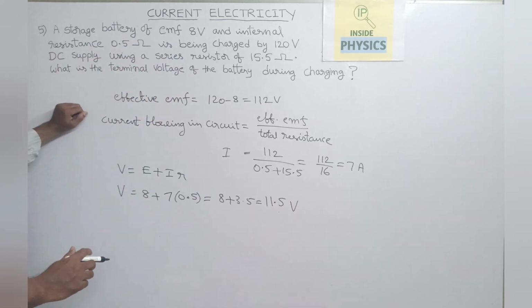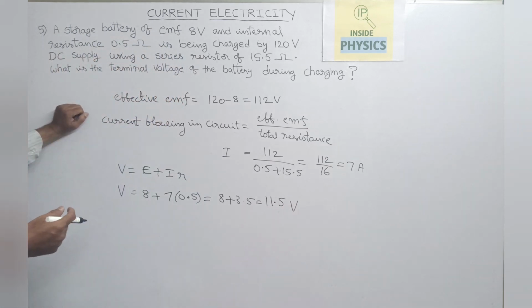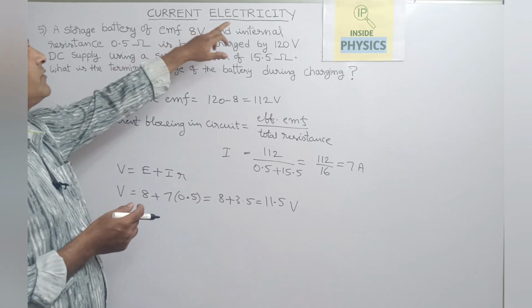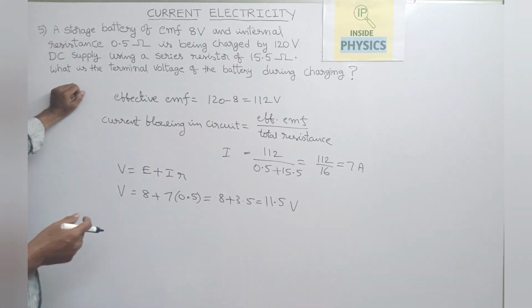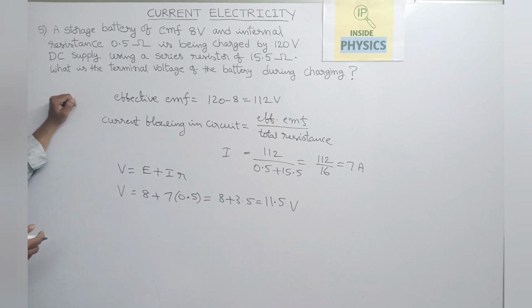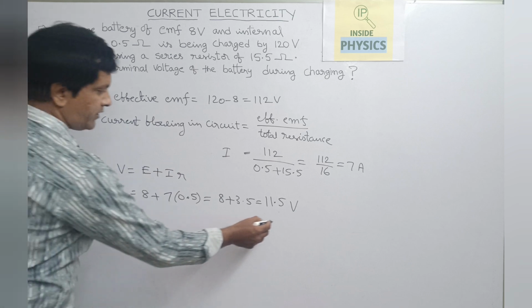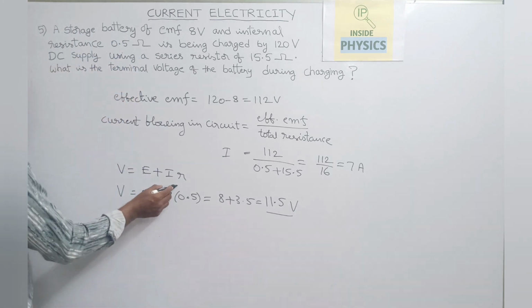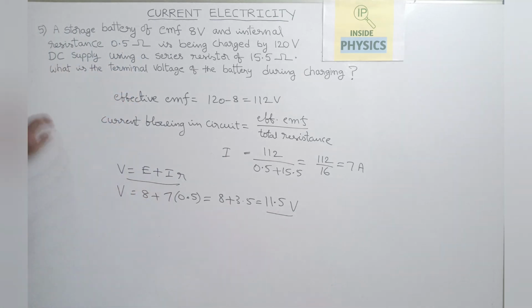Obviously, if you charge a battery with more than its potential difference, the terminal voltage will be more than the original voltage of the battery. This is the way to calculate the terminal voltage using this formula.